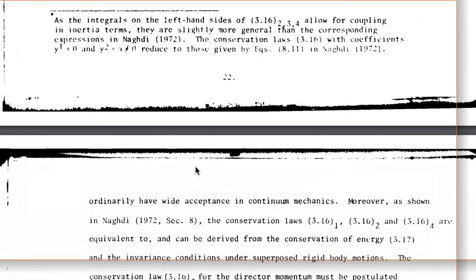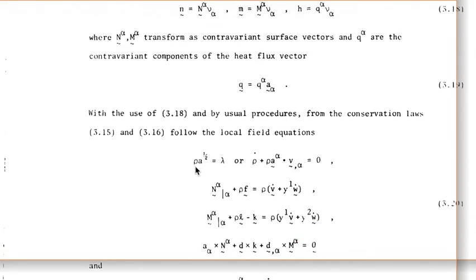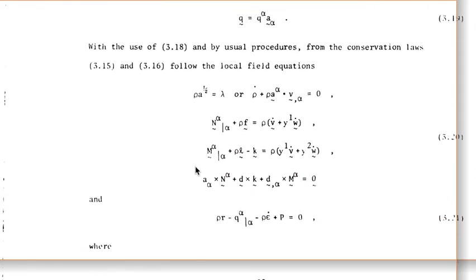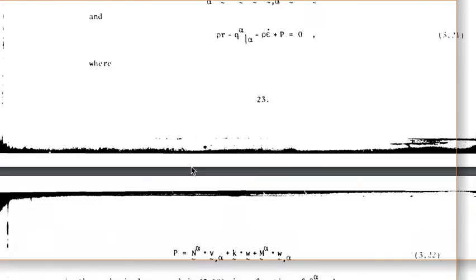And one more thing I wanted to show, yeah, this equation is quite similar to what we have in the J.C. Simo formulation corresponding to the angular momentum conservation equation.